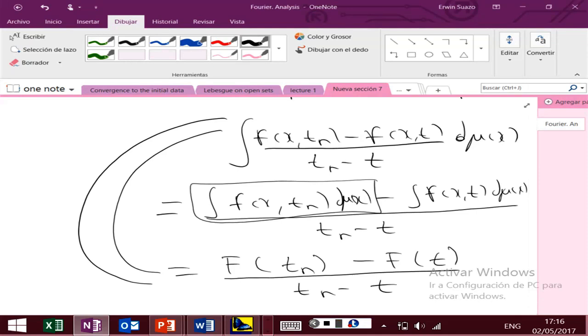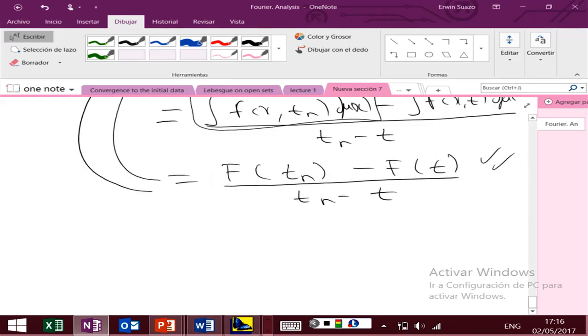Sometimes you don't recognize things if they are written in a complicated way. But once you write it in a familiar way, this is just calculus 1. So let's take the limit on both sides.